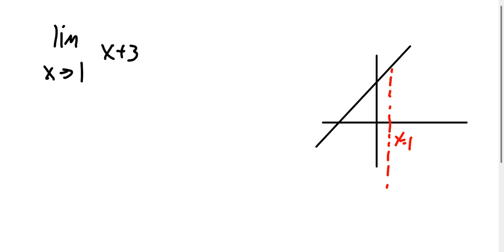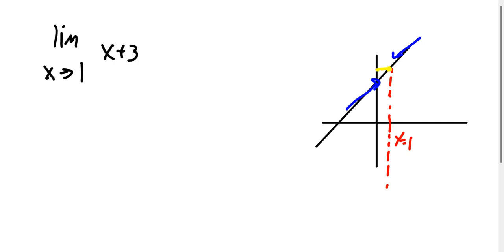What it's saying is it wants to know what y value it's going to be approaching as this line is going from here. And this means for both sides too. So it's approaching from here and also approaching from there. But in this case, it's a linear function and it's a normal function, so they will be the same.